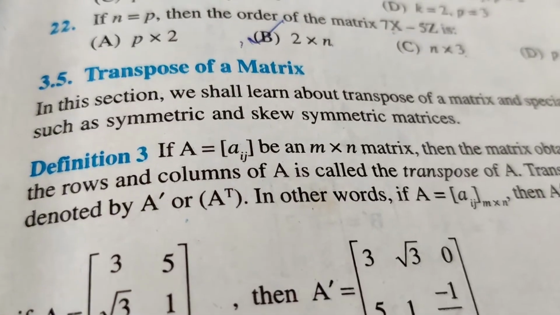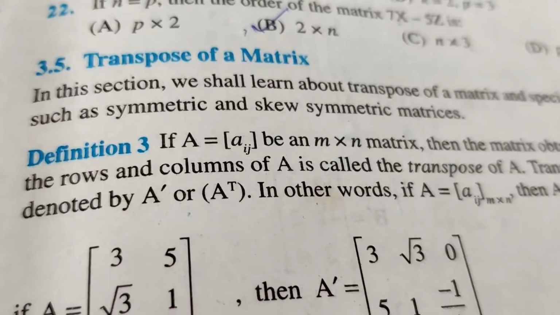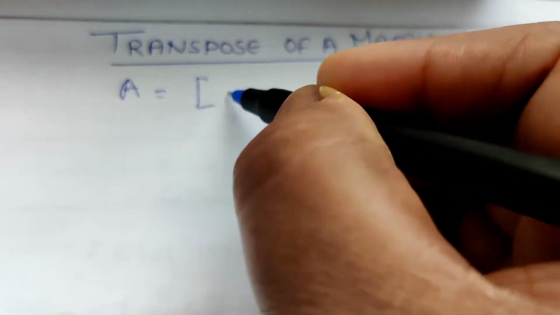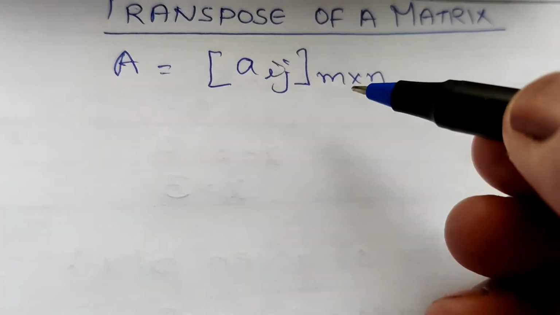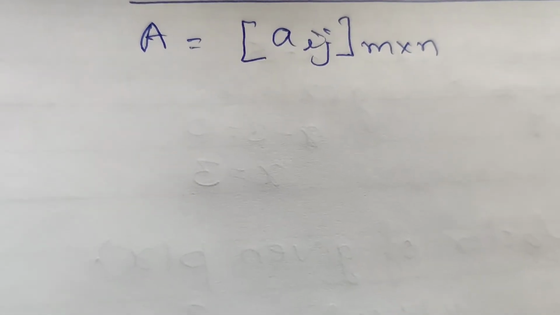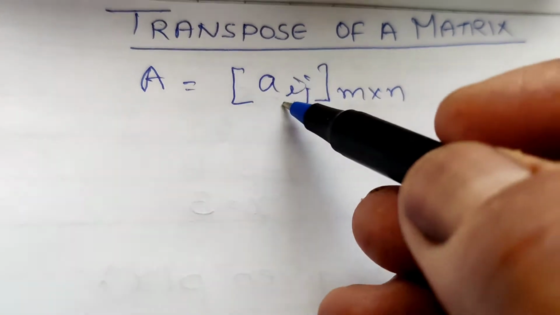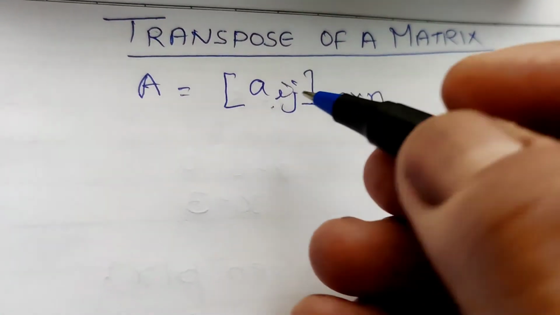The new topic of class 12 is transpose of a matrix. Suppose A is a matrix of order m by n. The matrix obtained by interchanging the rows and columns of A is known as the transpose of a matrix.